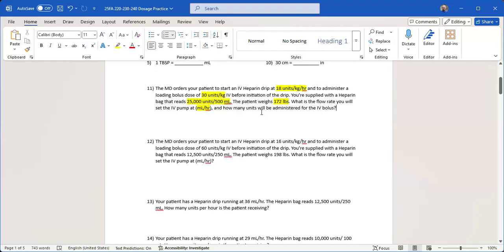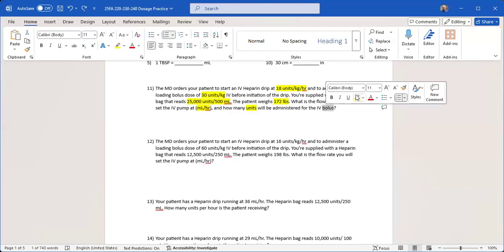So if this question asked you how many milliliters to administer for the bolus, you actually could not solve it because there is no bolus dose information. We would need to know a bolus dose, like 1,000 units per milliliter, whatever the bolus dose is, in order to solve for how many milliliters of a bolus. But the question specifically says how many units for the bolus.